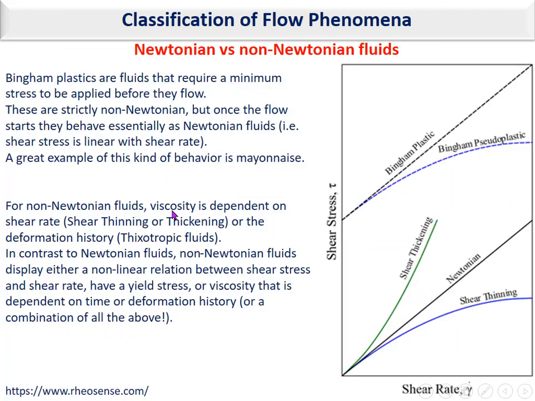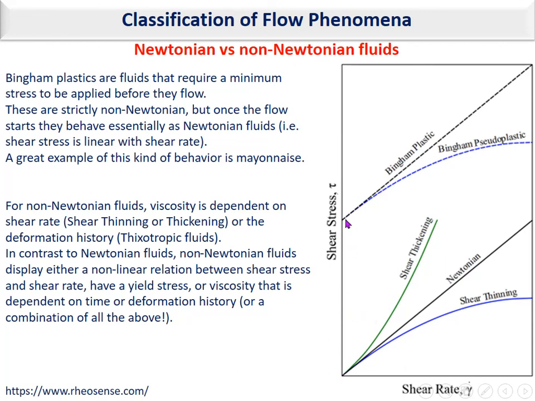But for the non-Newtonian flow, as you can see here at the right, the shear stress does not have a constant relation with the shear rate. The interesting point here is that there are different types of non-Newtonian fluids. Bingham plastics, as you can see here, are fluids that require a minimum stress to be applied before they flow.